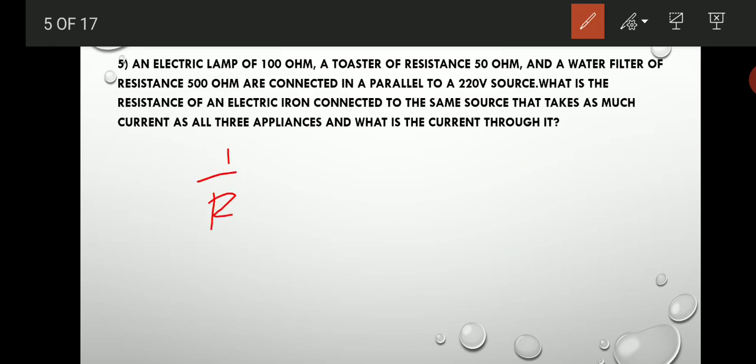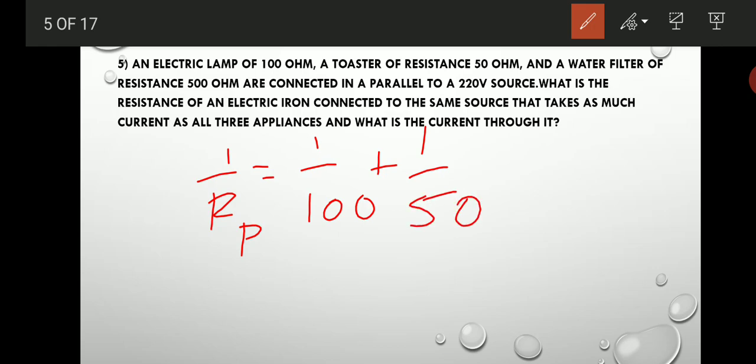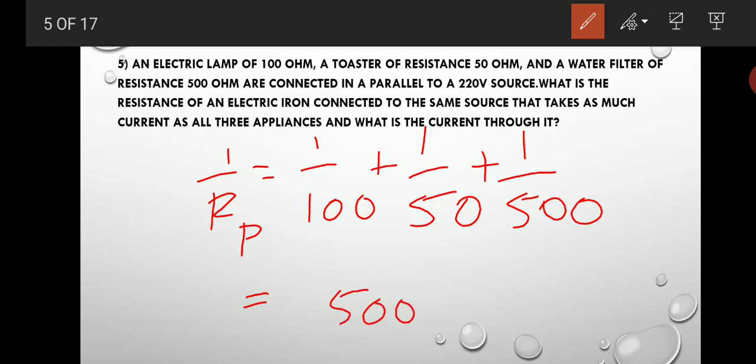1 by Rp is equal to 1 by 100 plus 1 by 50 plus 1 by 500. Remember, after this you have to take a reciprocal. So what is the LCM? 500. 100 goes 5 times, 50 goes 10 times, and 500 goes 1 time.